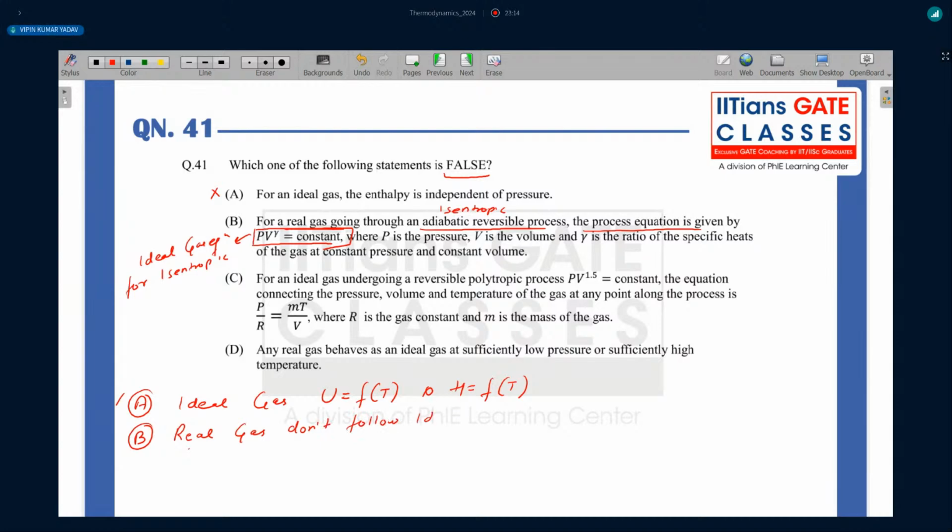They follow equations of state, for example the van der Waals equation and other equations as well. So option B, this is false. Till now my option B seems to be correct.